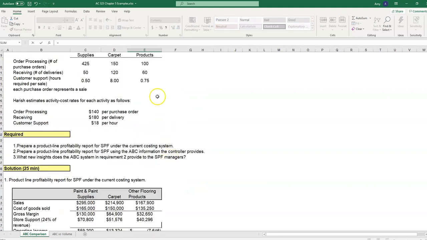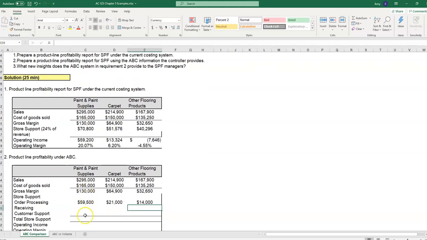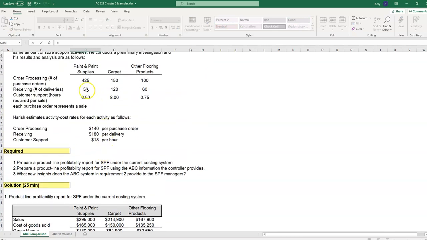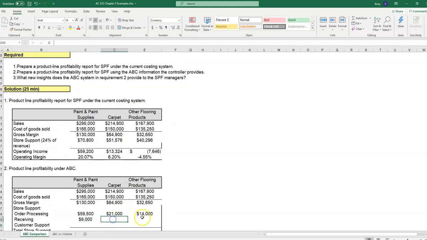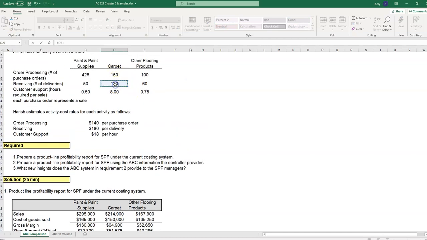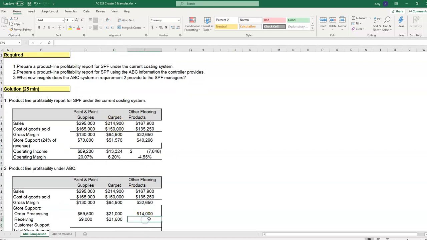And for other flooring products, 100 times $140 per order. And now for receiving, do the same thing. We have 50 deliveries times $180 per delivery. And we will take that $180 rate times each product line's number of deliveries.